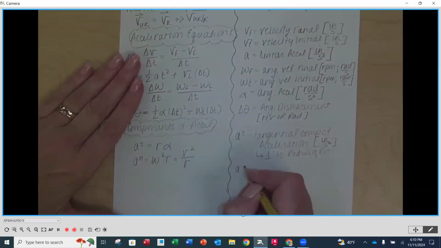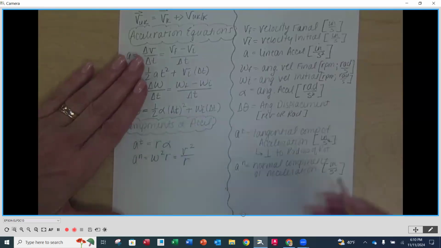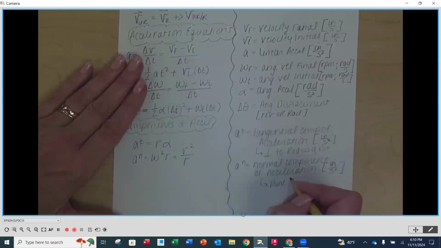So we just need to add the normal component of acceleration. It as well is going to have units of inches per second squared. And its direction is always going to point towards the center of rotation. You guys read that? Point towards the center of rotation.